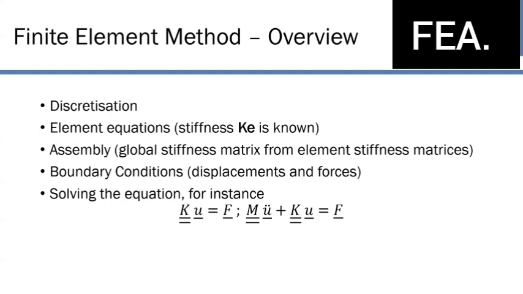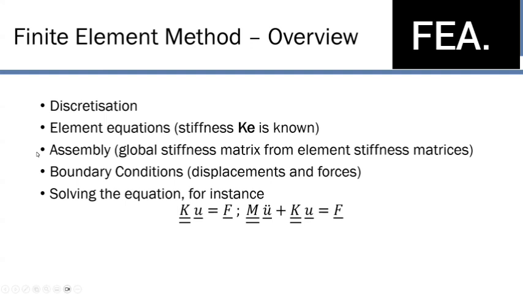So, the basic steps. We can follow this roadmap right here. The first step is discretization. That means breaking down the bigger problem into smaller elements, so breaking down a big domain into elements, into nodes, etc. that are easier to tackle, and we can deal with those on an individual scale. Element equations: that's just defining equations for each small element, and this typically involves using a stiffness matrix, Ke.